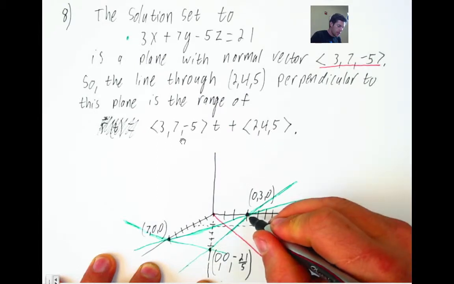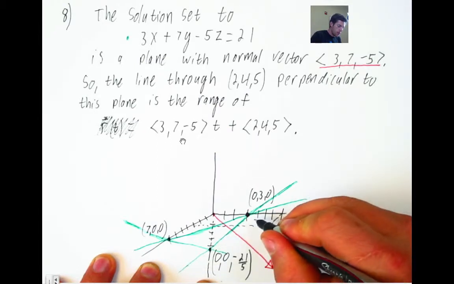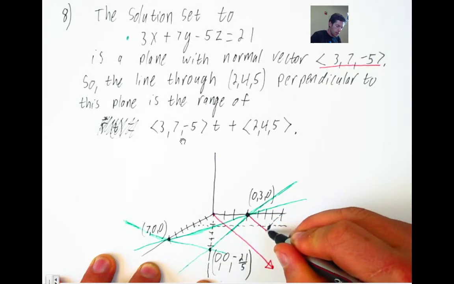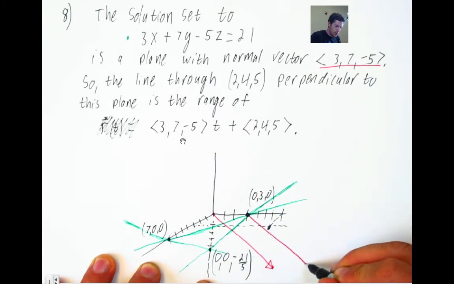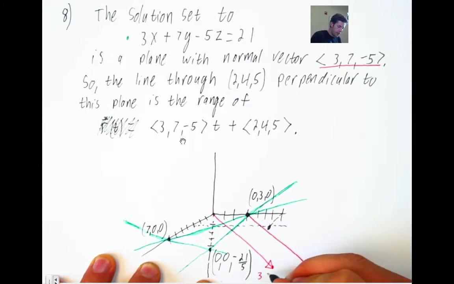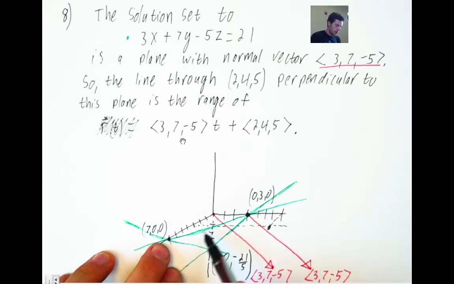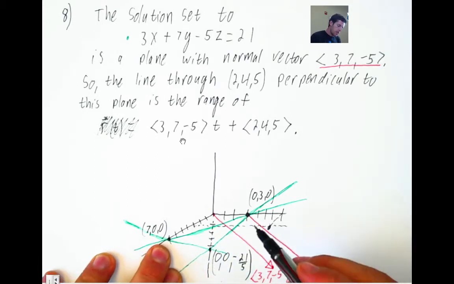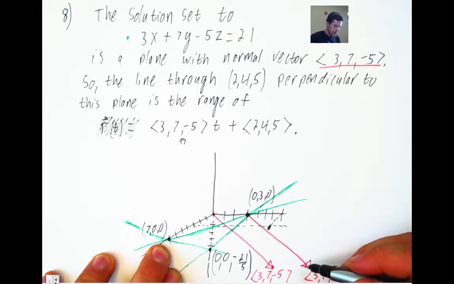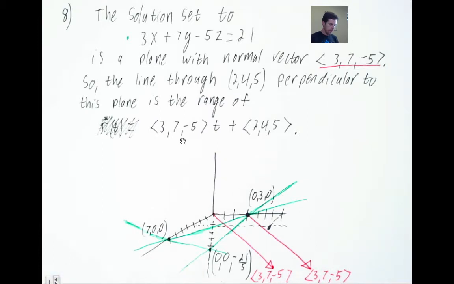So maybe I could put it right here because I know that that point is on the plane. There we go. So both of these guys are 3, 7, negative 5. And it should seem a little bit plausible if this part of the plane is closer than that part of the plane, that of course this guy has to be tilted downward in this perspective.